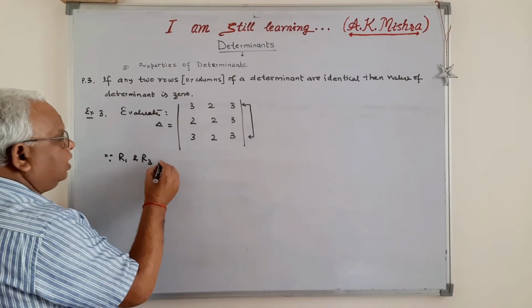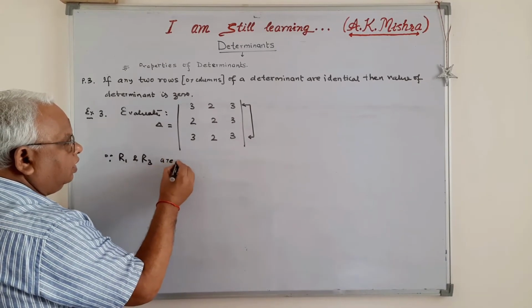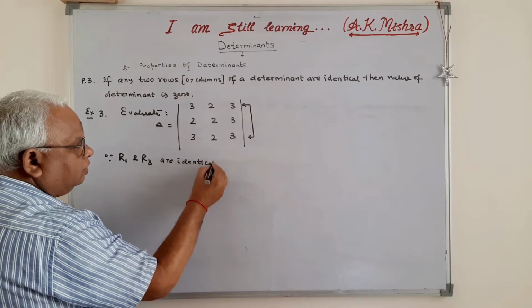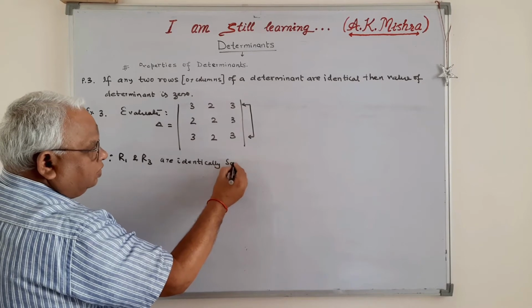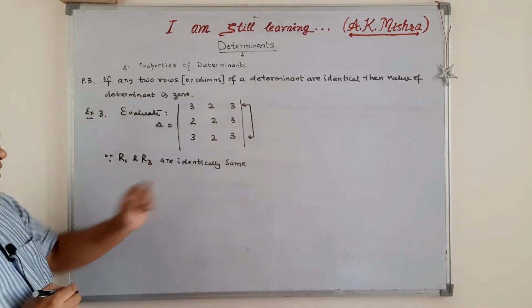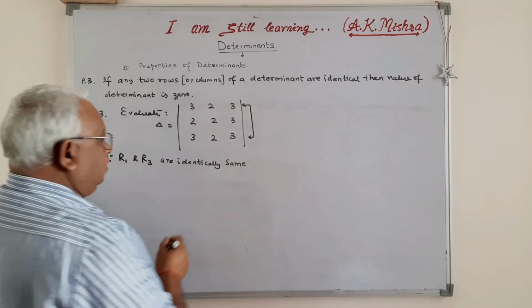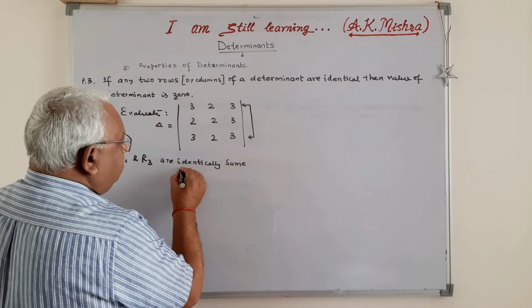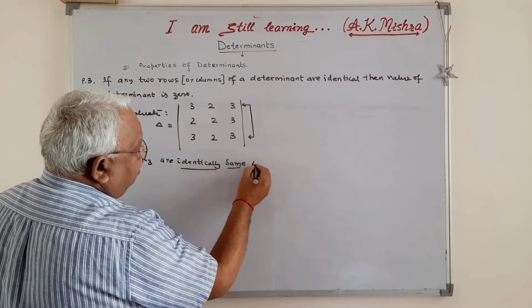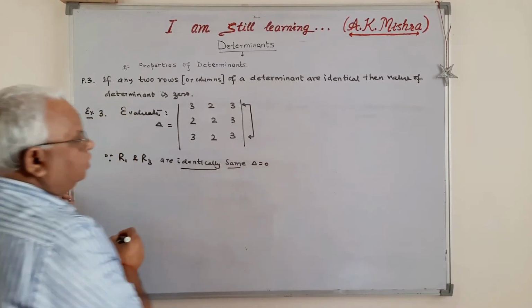This you will come across many times while doing the problem. So you can use the property: when they are identically same, delta should be 0.